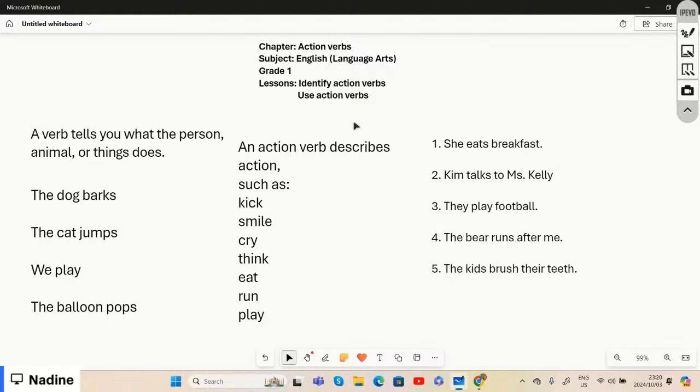And if we were to identify the action verbs within these 5 sentences, it says she eats breakfast. What is our action verb within that sentence? What is she doing?